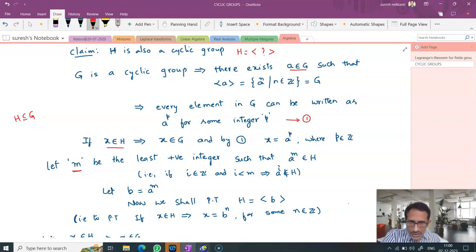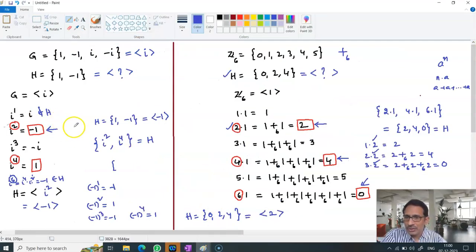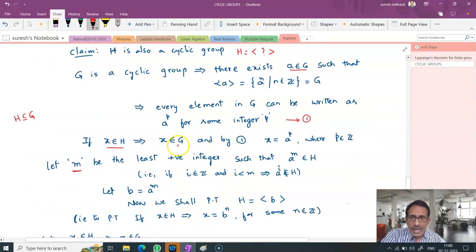That is what we have seen here also, right? Even the elements of H, that is, i^0 = 1, i^2 = -1 and i^4, can be written as powers of i, because i is the generator of the main group. Here also A is the generator of the main group G. Therefore every element of H is also part of G. Therefore that x can also be written as some power of A.